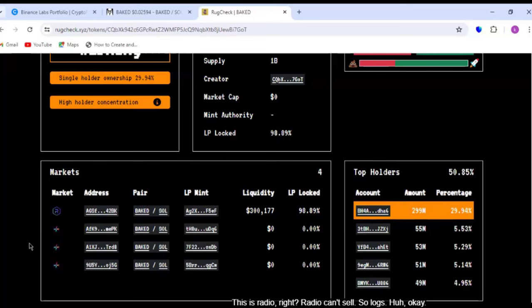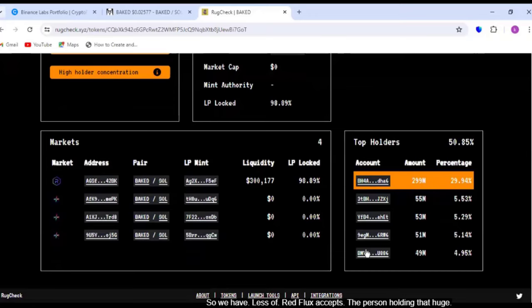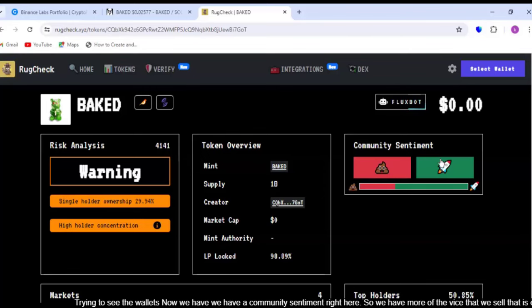So locked. Okay. So we have fewer red flags, except the person holding that huge amount, trying to see the wallet.